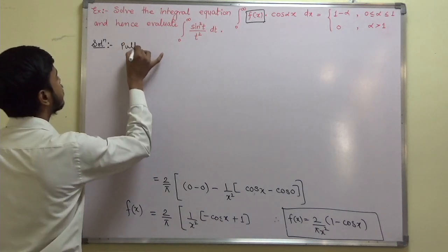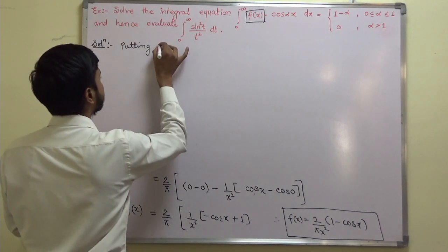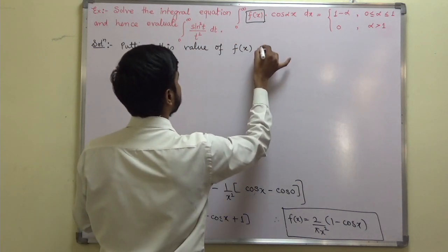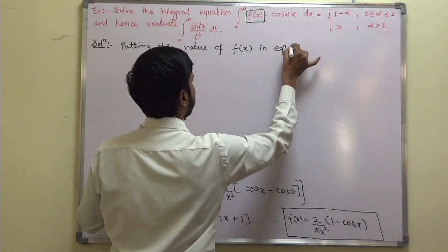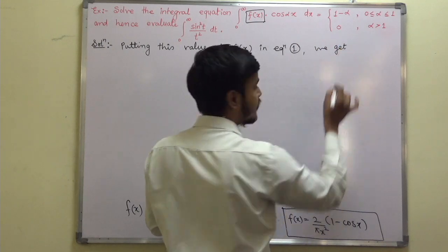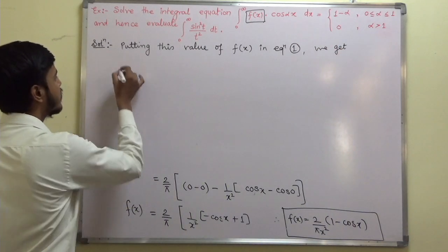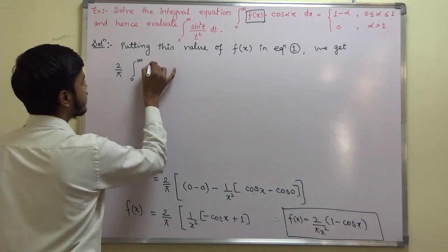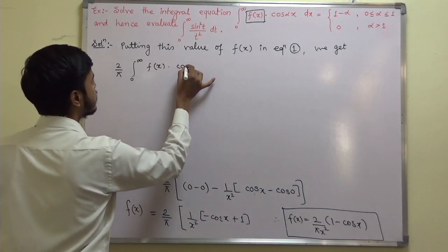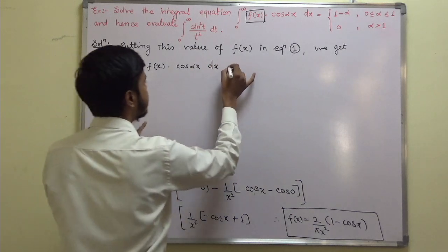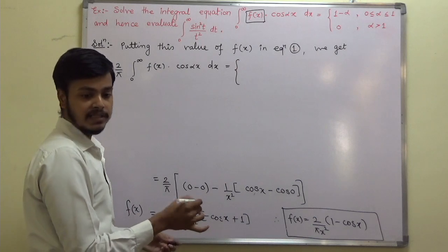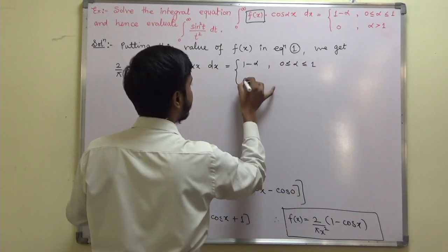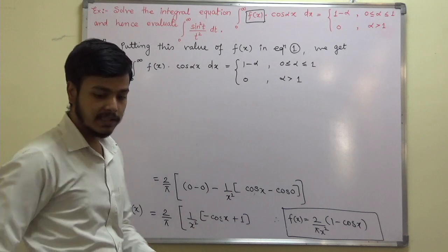Putting this value of f of x in equation 1, we get, so if you remember, my equation 1 was 2 by pi integration 0 to infinity f of x into cos alpha x dx is equal to, what was that, root 2 by pi, it is just 1 minus alpha, for 0 less than or equal to alpha less than or equal to 1, and it is 0 for alpha greater than 1. Let me check this equation 1.